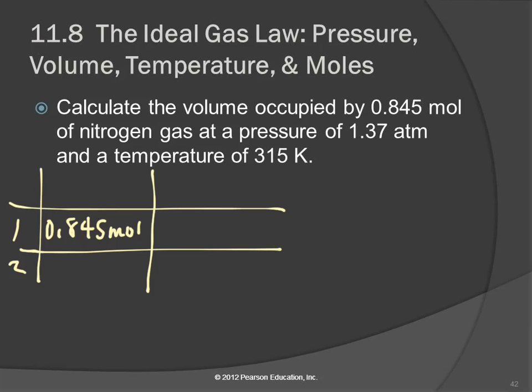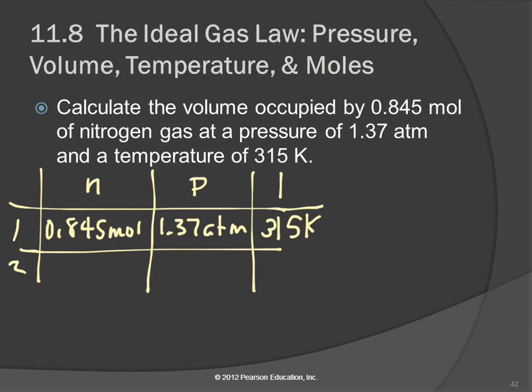What variable is that? PV equals nRT. Which one? It's n. And then the pressure is 1.37 atmospheres. Oh, that was nice. They told us that was the pressure. And a temperature. Well, that was kind. They gave us the temperature in Kelvin. So that's very thoughtful of them.